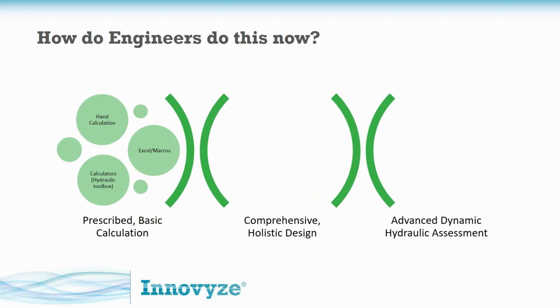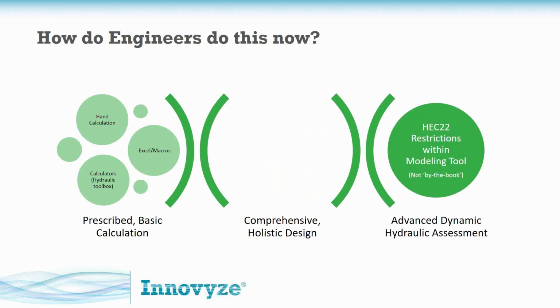Maybe there was a postdoc student that came in and made some sort of utility, some sort of toolbox, basically a calculator that's just a really pretty version of Excel. Those are all following to the T the prescribed HEC 22 calculations. They're just perhaps slightly easier to input as you move along.